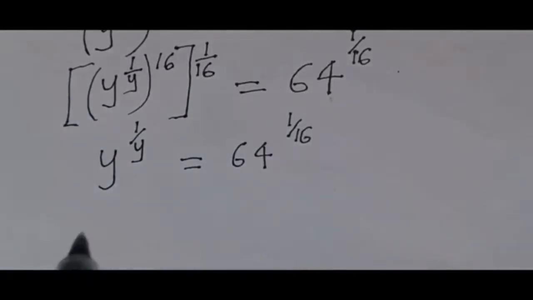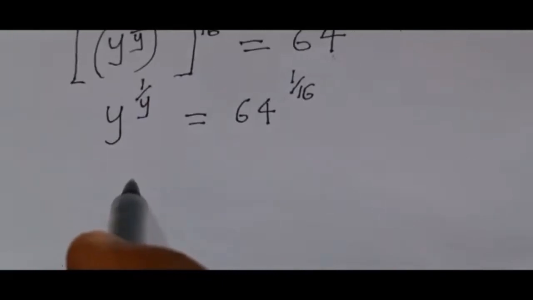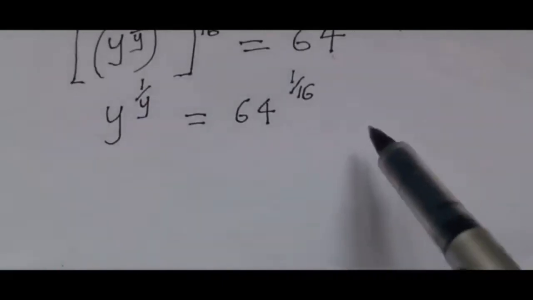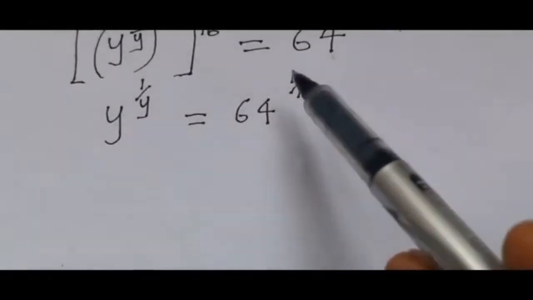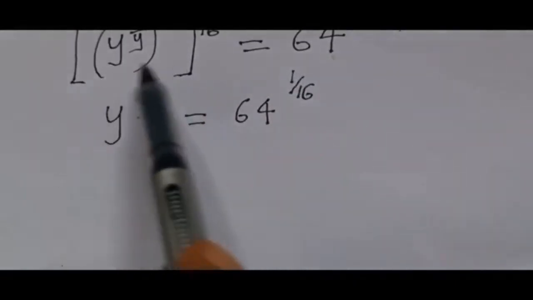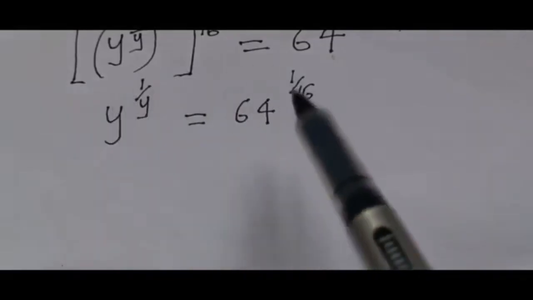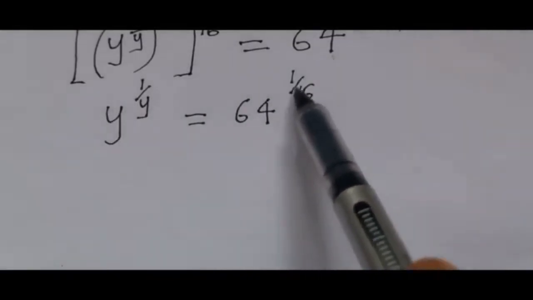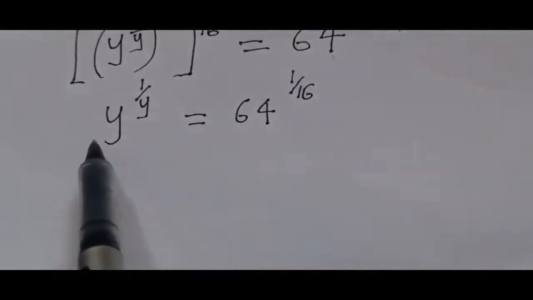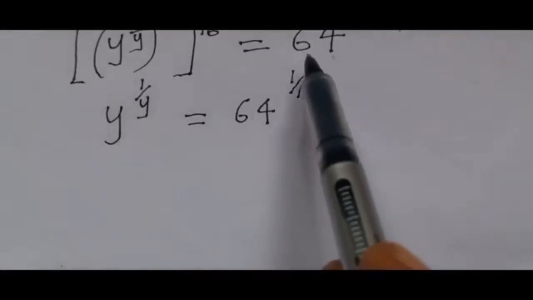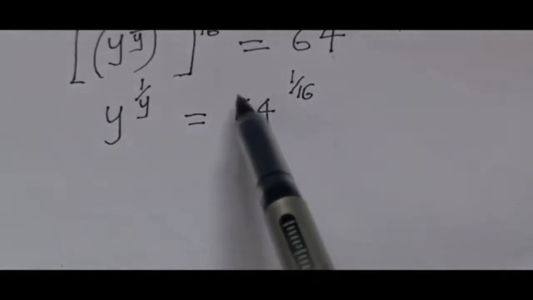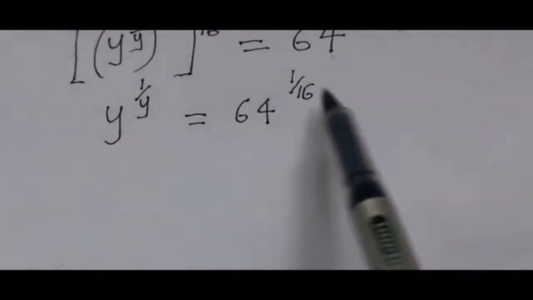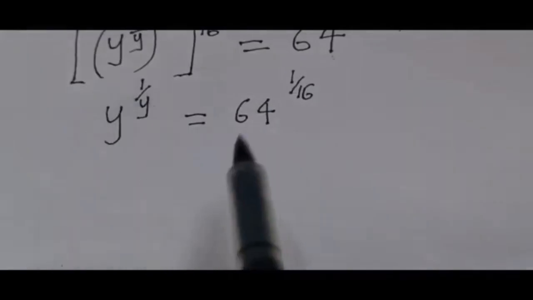We know 64. We want to express this side of the equation in this form. The number which is here should also be available here, the same as we can see here. Here we have y, here we have y. So we want to express 64 raised to 1 over 16 in this form.